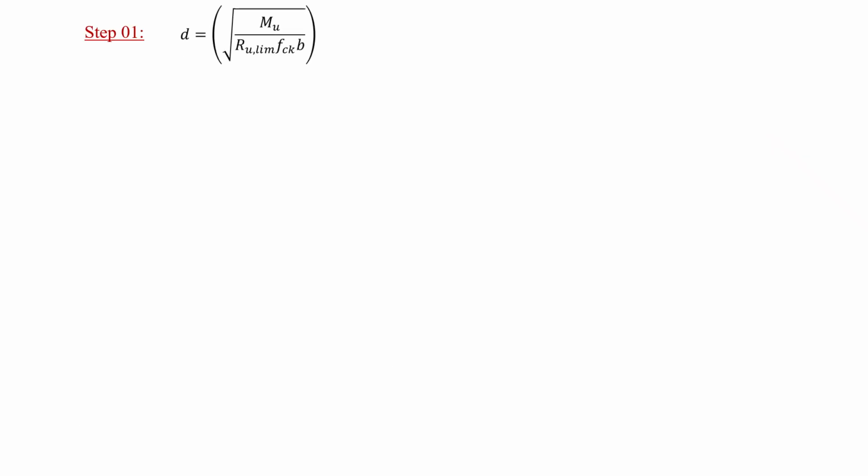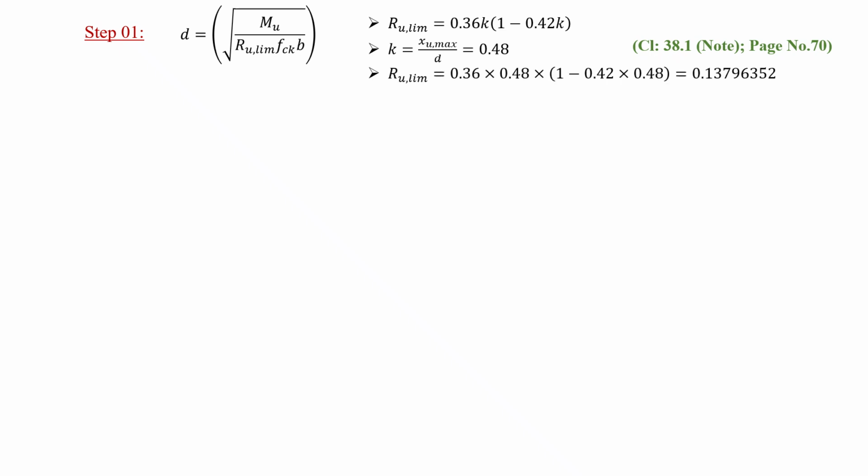So let us go with the first step. We need to substitute all the values in this. We already know what is moment. We need to find out what is my Ru limit. The equation is 0.36 k into 1 minus 0.42 k, where k is xu max over d. Since the grade of steel which is given is Fe415, if we refer to the clause 38.1 of IS code, we will be getting 0.48.